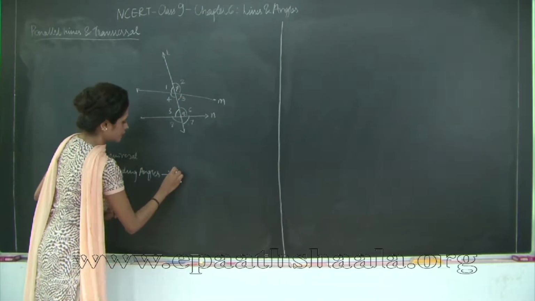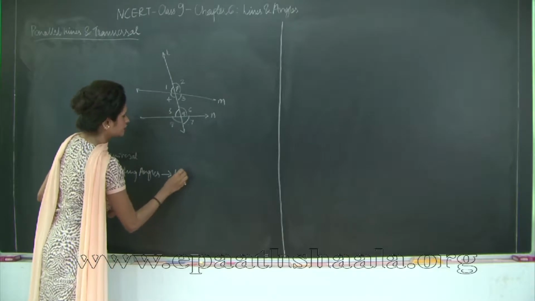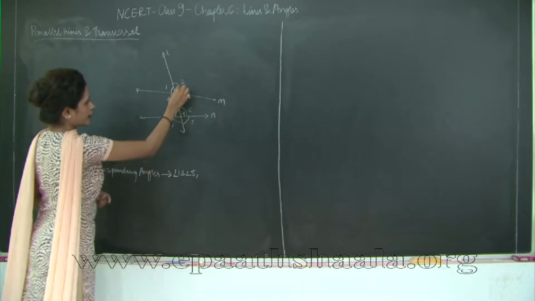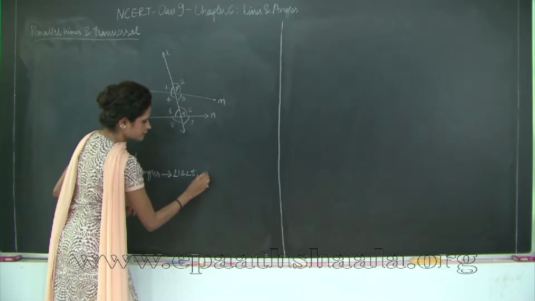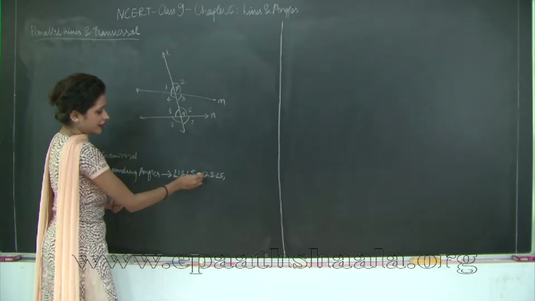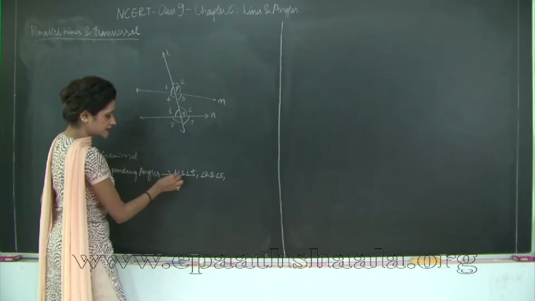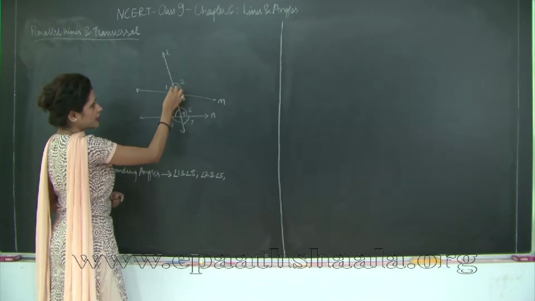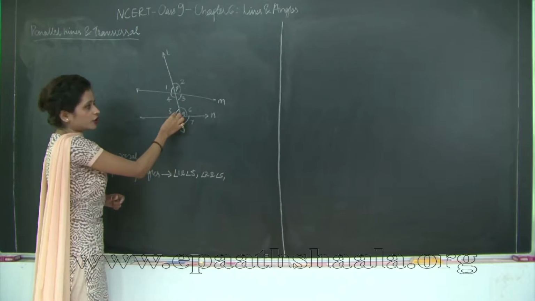We have angle 1 and angle 5. Then you have angle 2 and angle 6. So angle 1 corresponds to angle 5, angle 2 corresponds to angle 6. You can't say that angle 1 corresponds to angle 2. They are not corresponding. These are pairs, right? 1 and 5 are a pair of corresponding angles.